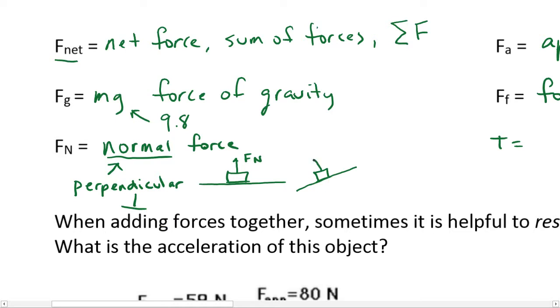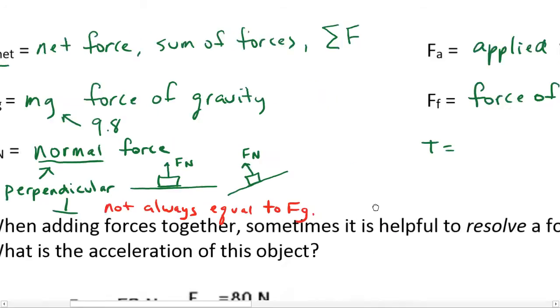So in this case the normal force would be in that direction. That's the first thing to remember about the normal force, its direction. Also, it is not always equal to the force of gravity. Quite often in grade 11 we get used to it being the same as the force of gravity. Today we're going to encounter a few examples where it's not.